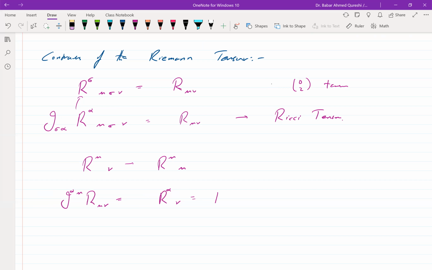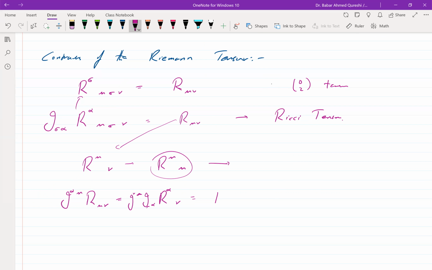You have to lower it once, alpha mu, and then contract this. But anyway, you know how to do it. You just take these, put them equal, raise the index of this, put them equal, and then sum over it.